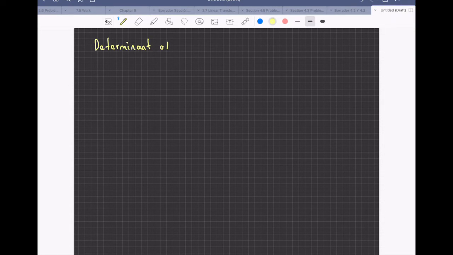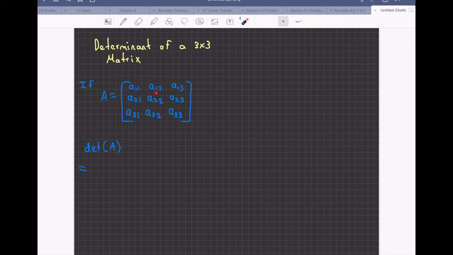Determinant of a 3 by 3 matrix. Now, if we have the matrix A represented by A11, A12, A13, A21, A22, A23, A31, A32, and A33, then the determinant of A is given by, focus on the first row.